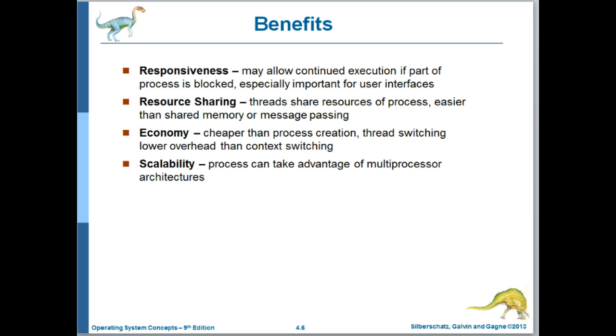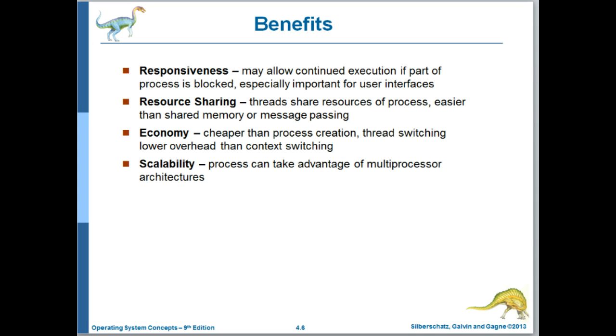Under resource sharing, threads are all working in the same address space, so global variables are automatically shared. There's no reason to set up the shared memory that we saw earlier with processes, and there's no need for message passing necessarily.